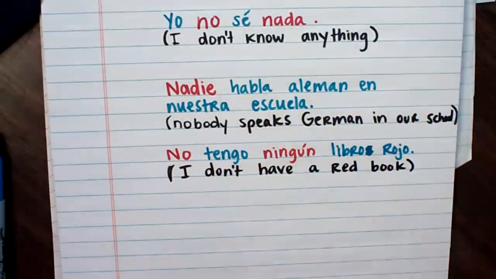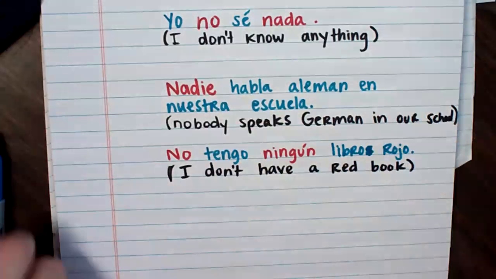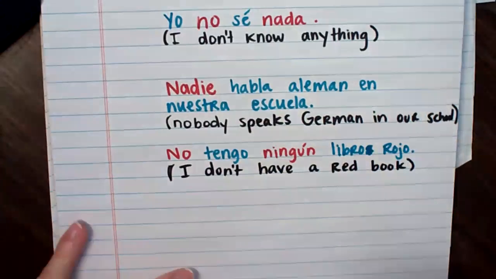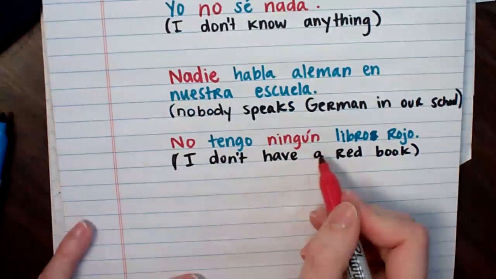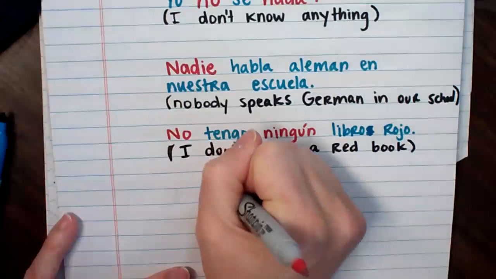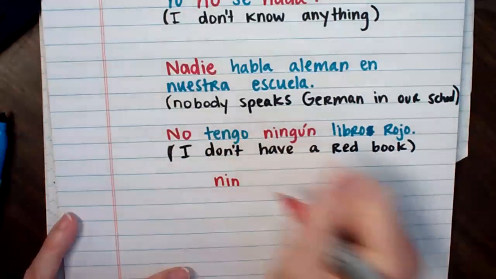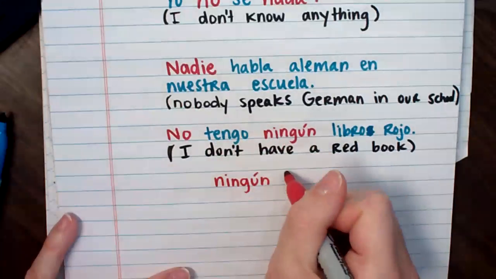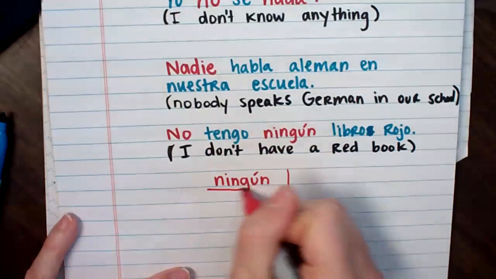And the word ningún, I guess I could have explained this on the last page, but it's fine. If I want to make it plural or feminine, I can change it. So ningún is masculine and singular.